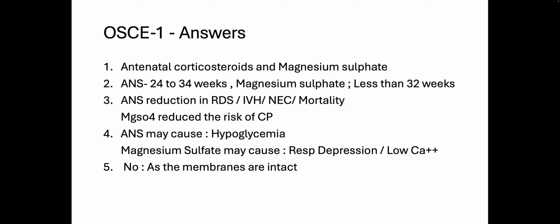And the magnesium sulfate may cause respiratory depression and low calcium levels. So you have recent articles which tell to screen all babies who receive magnesium sulfate antenatally for early onset hypocalcemia. So that's one important adversity one needs to look at.